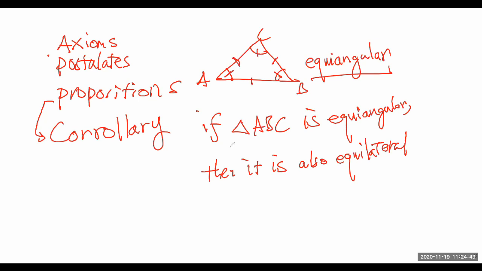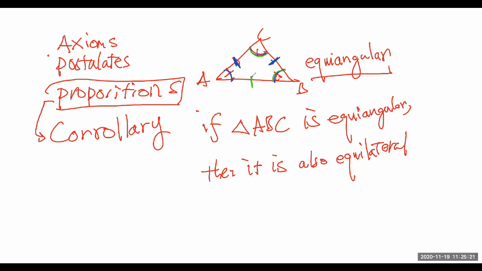And the reason we say this is a corollary is because remember our proposition said if we have two angles congruent, then their opposite sides, this and that, have to be congruent, which means it's an isosceles triangle. But we can also look at the other angle. We know this angle and that angle are congruent.